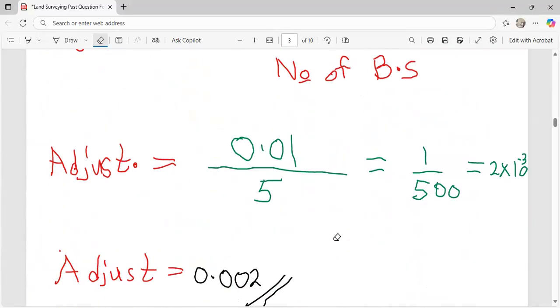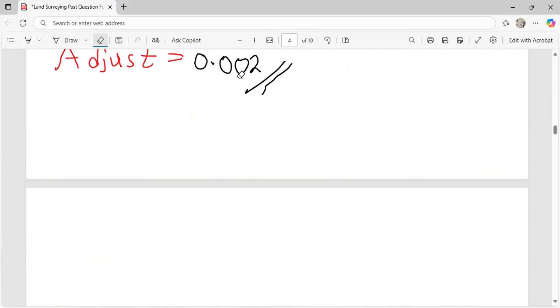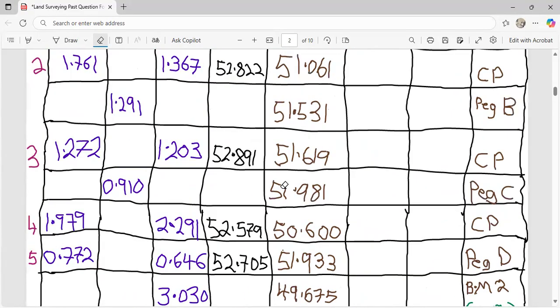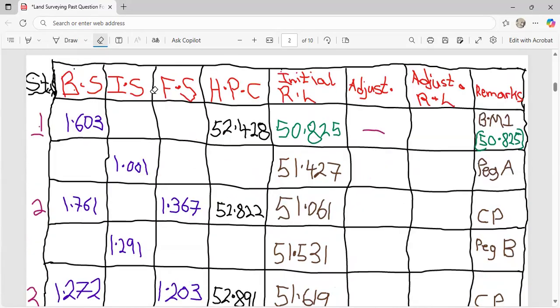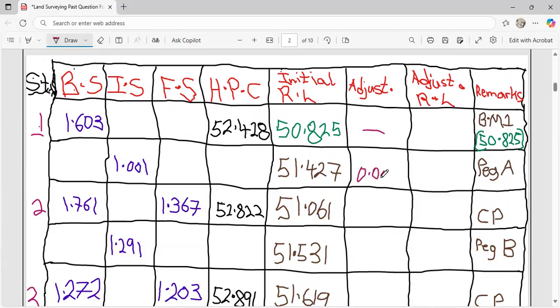The one you are seeing over there times 0.002 is still 0.002. That is why initially I wrote 0.002 over here, and I also came to write 0.002. Okay, good.